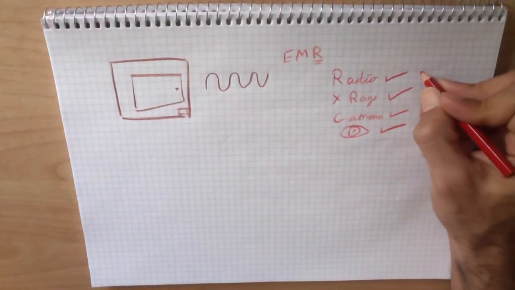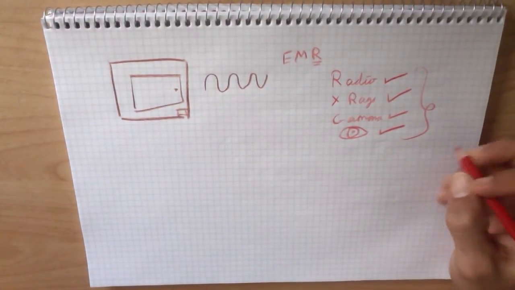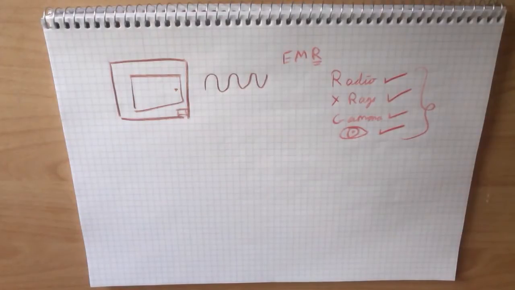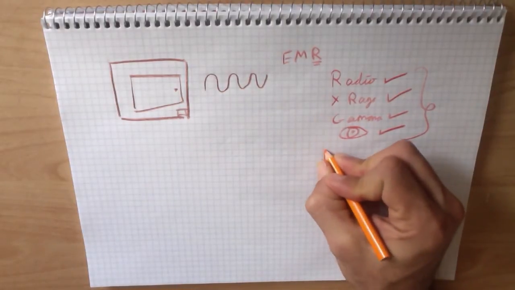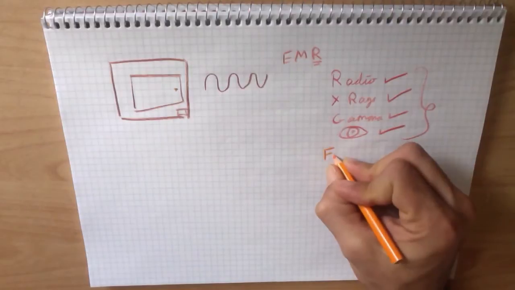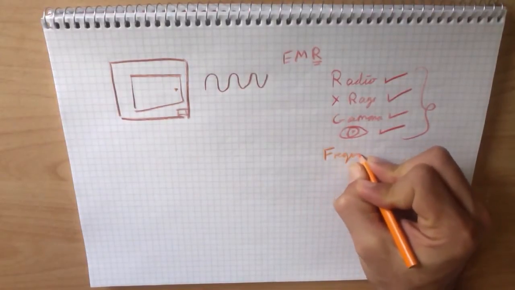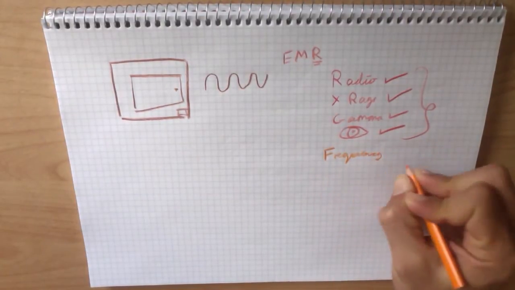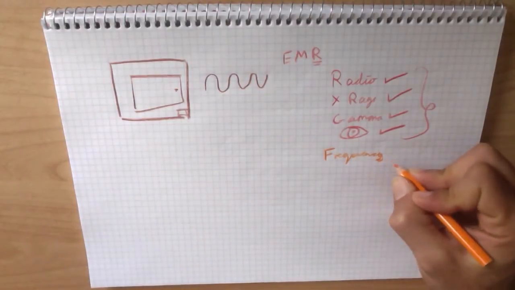The thing that differentiates all these from each other is what we call the frequency of the wave. Now, what is this frequency of a wave?